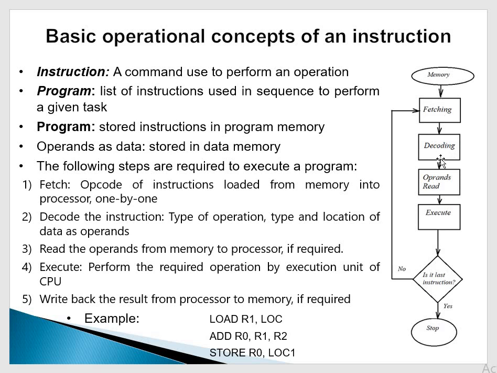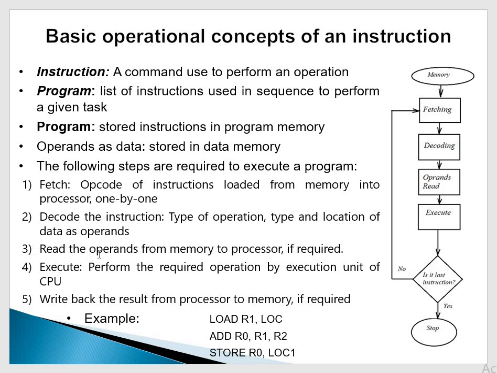After the fetching, the instruction moves to the decoding unit. After the decoding, the processor comes to know what type of operation it has to perform, what type of data is required, and what the different locations of the data are. Then, before the execution, it has to read the data for the execution of the instruction.